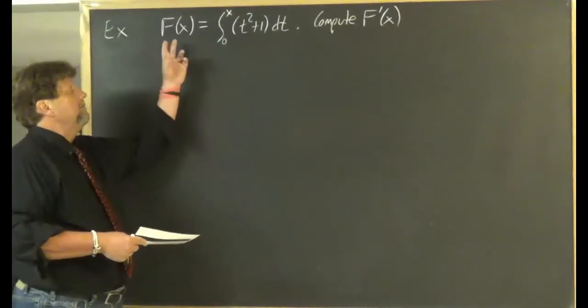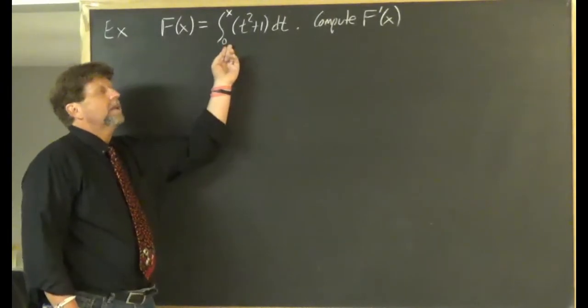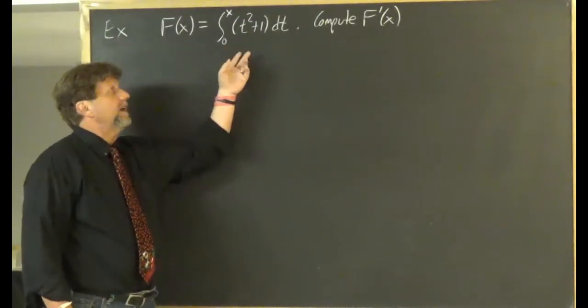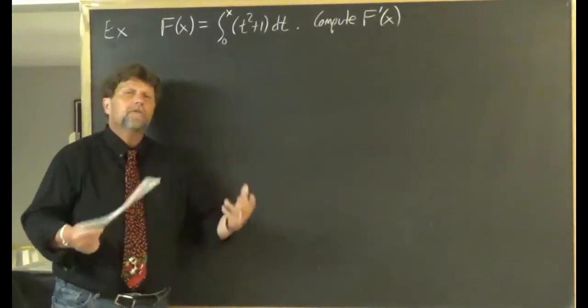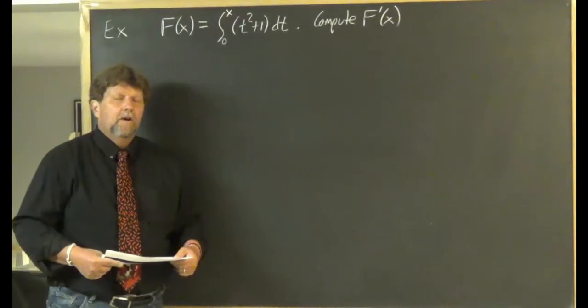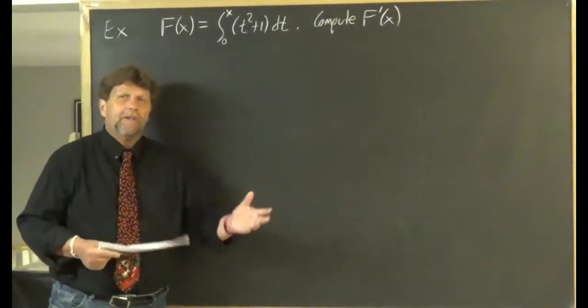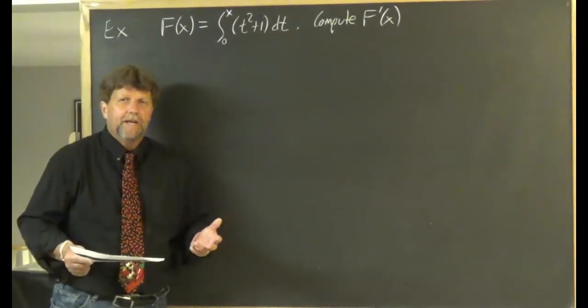I'm saying this function, capital F of x, is equal to the definite integral from 0 to x of t squared plus 1 dt. Let's compute the derivative of that function of x. Well, if I know what the function of x is, it's easy to get the derivative. We have rules of differentiation.